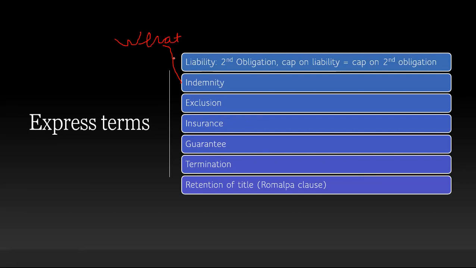Indemnity is a promise from one party to another to hold them harmless, or to compensate the other party from any loss, or any damage, or any harm arising from certain events.